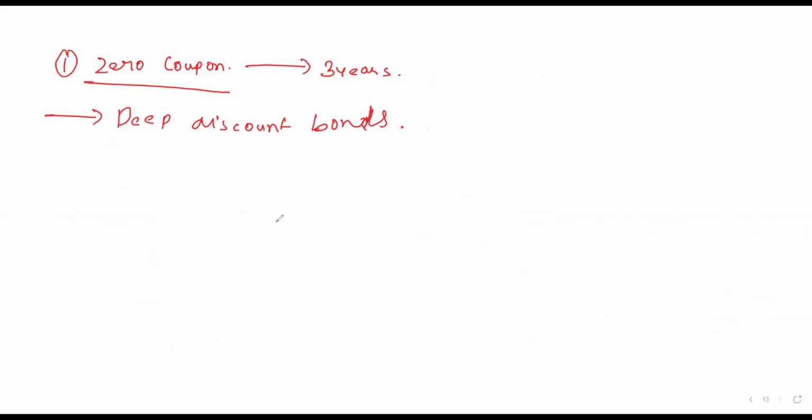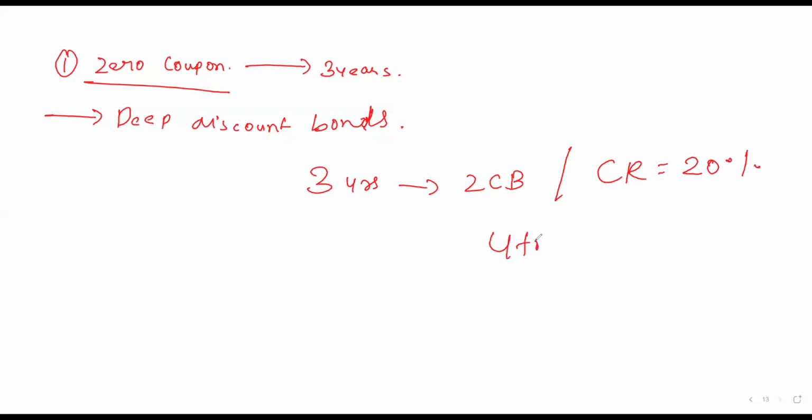Now, what is this? Let's say in 3 years, you have invested in zero coupon bond. On the other hand, if you would have invested in a bond with coupon rate of 20% and YTM of, yes, don't worry, that was something that was already covered. YTM is 25%.